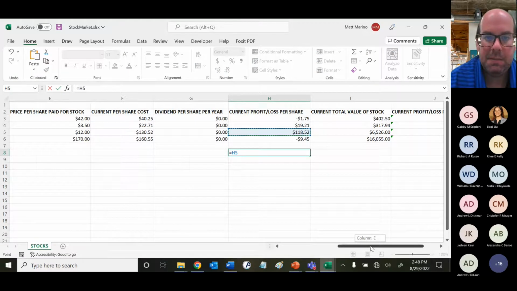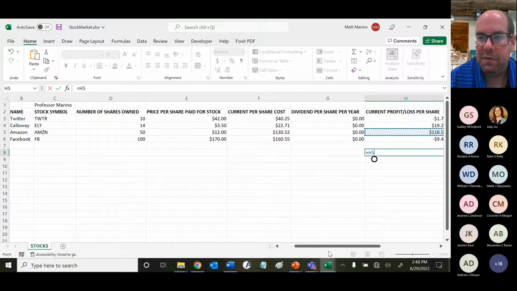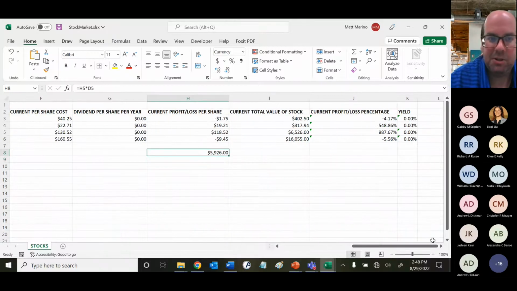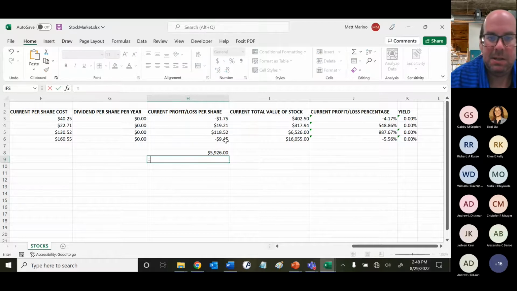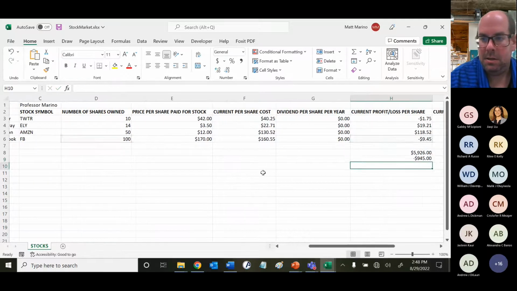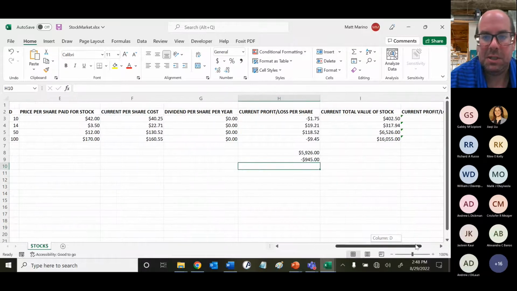So what was our example here? Amazon. So for Amazon, we would take that 118, multiply it by our number of shares. Overall, based on the numbers you guys gave me, Amazon has made us almost $6,000. And by the same token, let's use our Facebook example. Facebook has lost us almost $1,000.